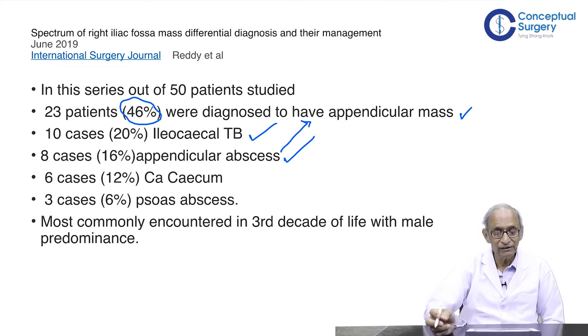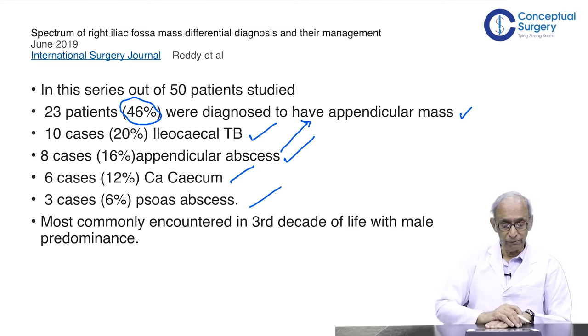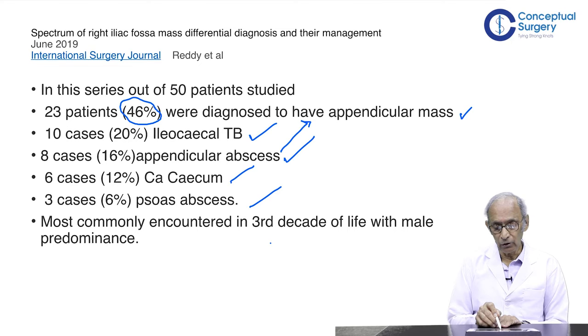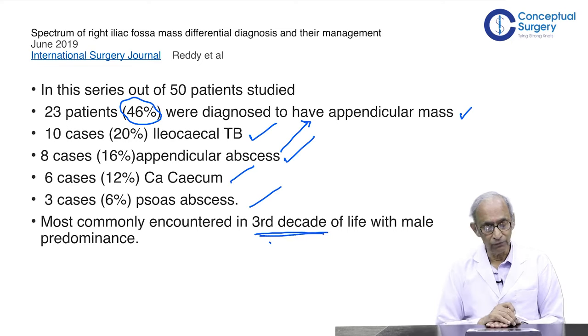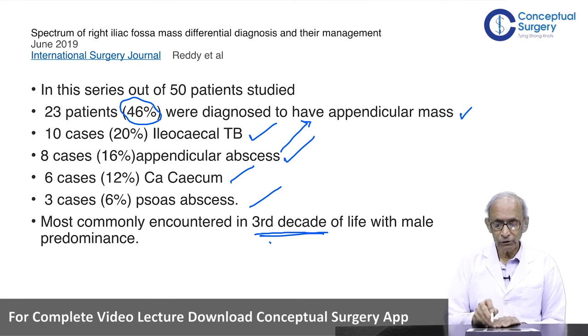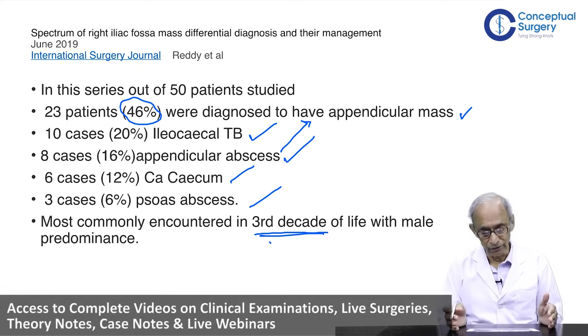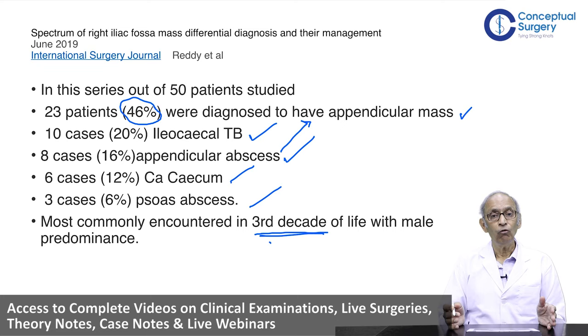Then appendicular abscess, 16%. Maybe you can even combine these two together. So appendicular abscess, 16%, and carcinoma of the cecum, 12%, and psoas abscess, 6%. I told you it's not uncommon, psoas abscess, seen in 6% of cases. And most of these are encountered in the third decade of life with a male predominance. So this should give you an idea that despite a long list, despite a long differential diagnosis, these are mostly the subjects we are likely to be dealing with.